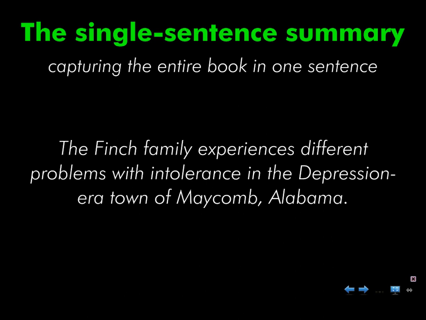Like this. This is To Kill a Mockingbird. The Finch family experiences different problems with intolerance in the Depression-era town of Maycomb, Alabama. If I were writing a one-sentence summary for maybe a listing of the book in a catalog, or a listing of the film in a television guide, that might be it right there.